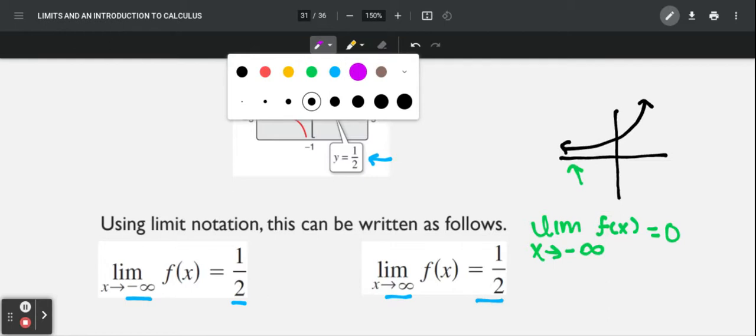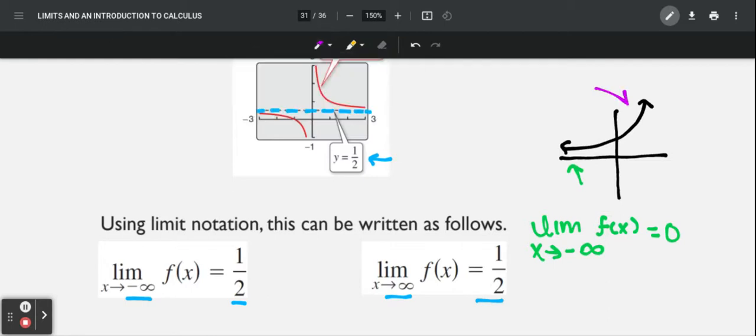But then this other end of our graph, because you're going to have those two ends, the limit as x is approaching positive infinity of our function, we would say is actually infinity, because we're really describing the end behavior. What is it going towards?